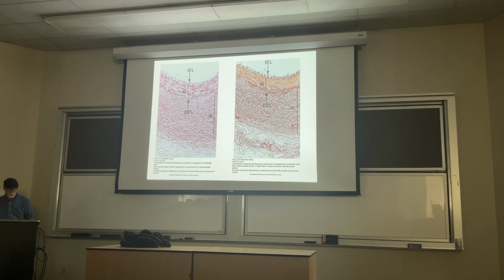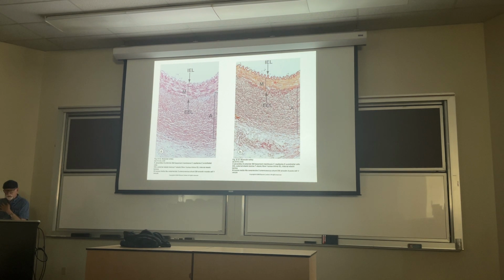This shows you a muscular artery from your book. The left is H and E, and the right is the same magnification and everything, but it has a Van Gieson staining, so you can see the elastic fibers more clearly. So we see the internal elastic lamina, or membrane, and the external elastic lamina.